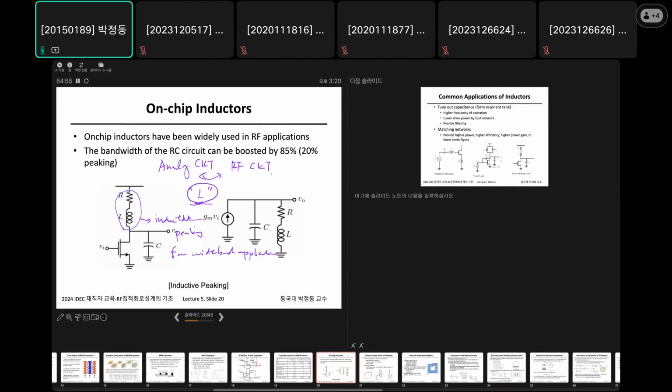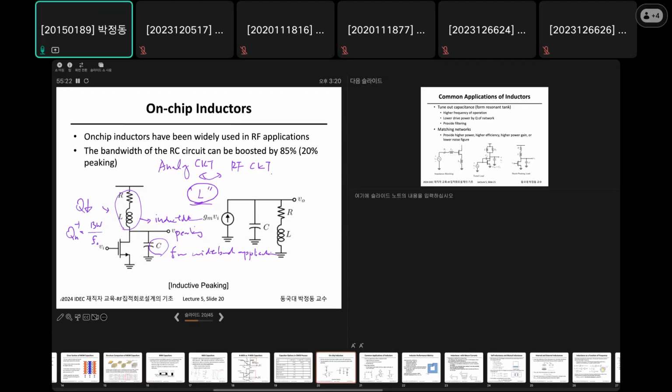By placing an inductor in series with a resistor, with this C, this generates a relatively low Q, right? The inverse of network Q is bandwidth divided by center frequency.